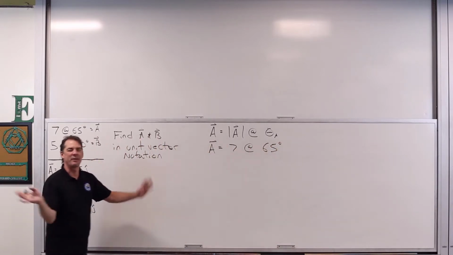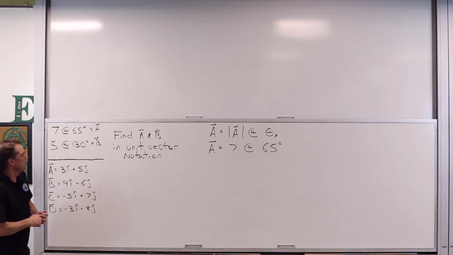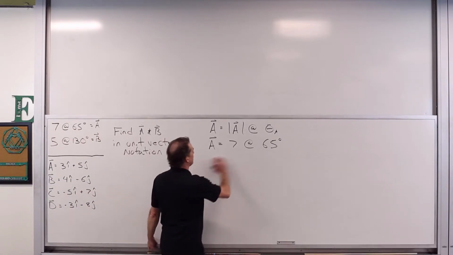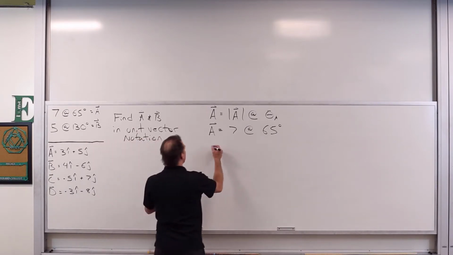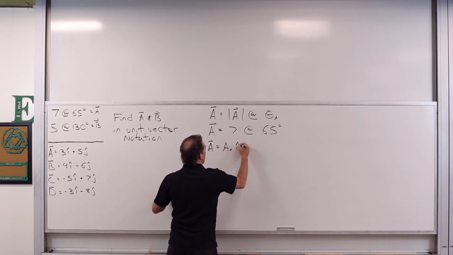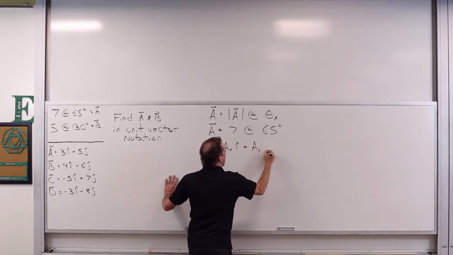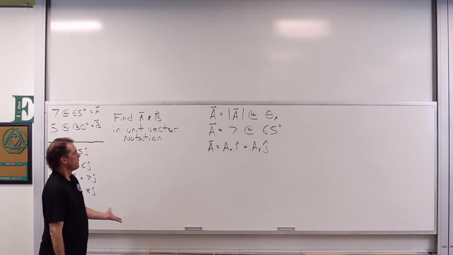We're going to assume 3 significant figures here. I don't want to get inundated with drawing out too many strenuous zeros. We want to write this as A hat is equal to A sub x i hat plus A sub y j hat. That's the form that we want to write it in.